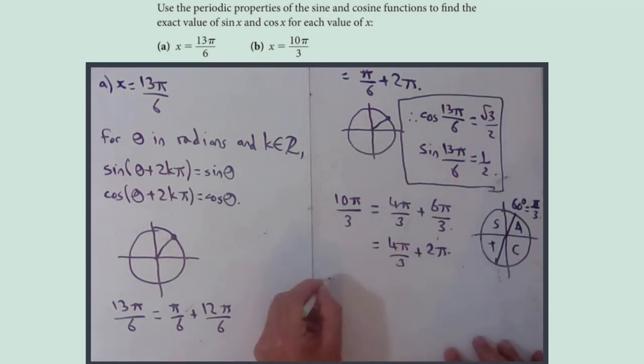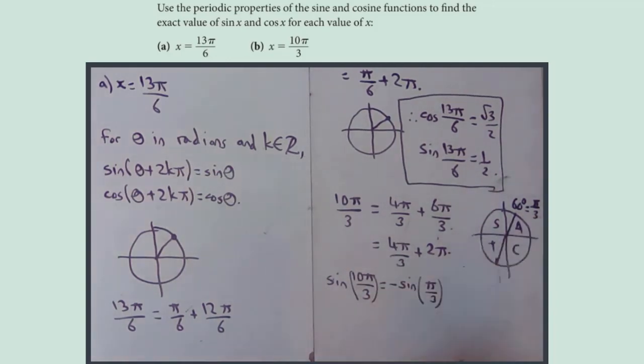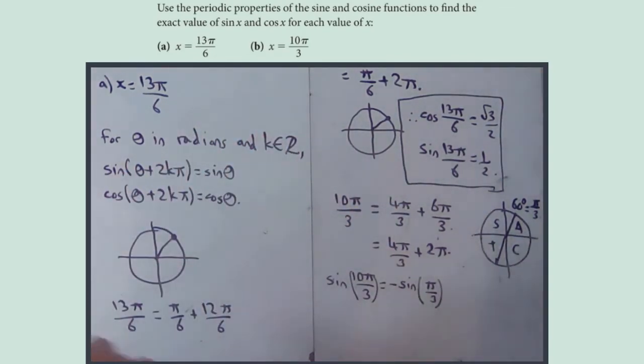So sine 4 pi by 3, or 10 pi by 3, equals minus sine of pi by 3, and sine 60 is root 3 over 2.